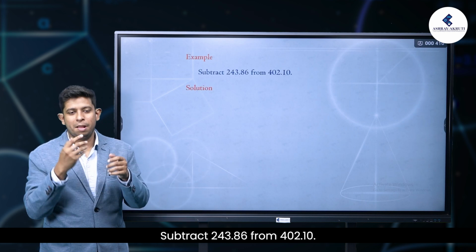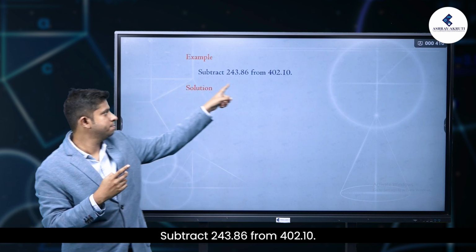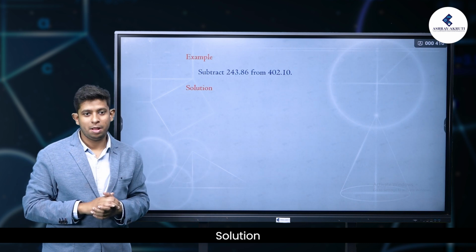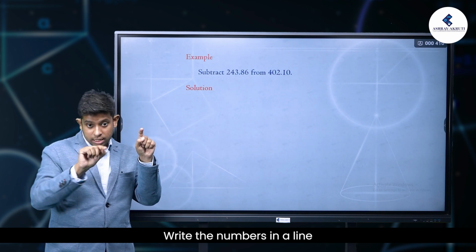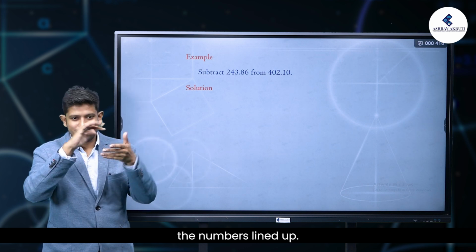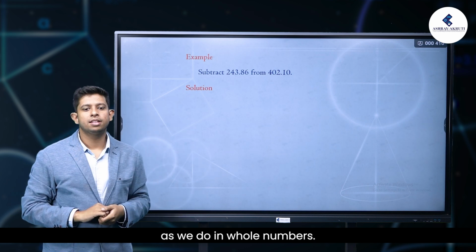Example: subtract 243.86 from 402.10. Solution: write the numbers in a line so that the decimal points of both the numbers are lined up. Then subtract and borrow as we do in whole numbers.